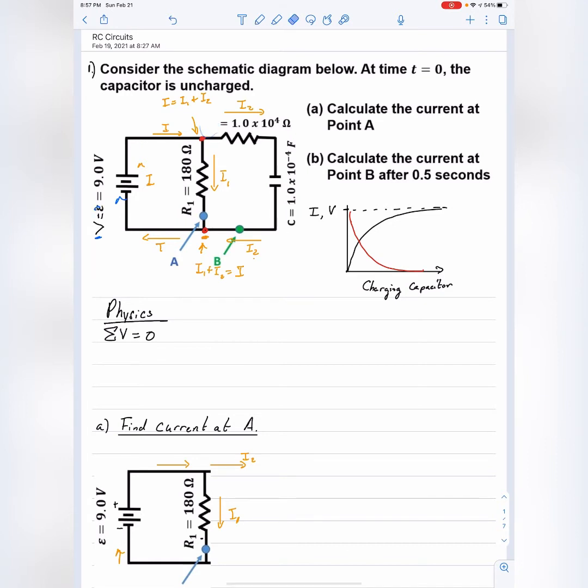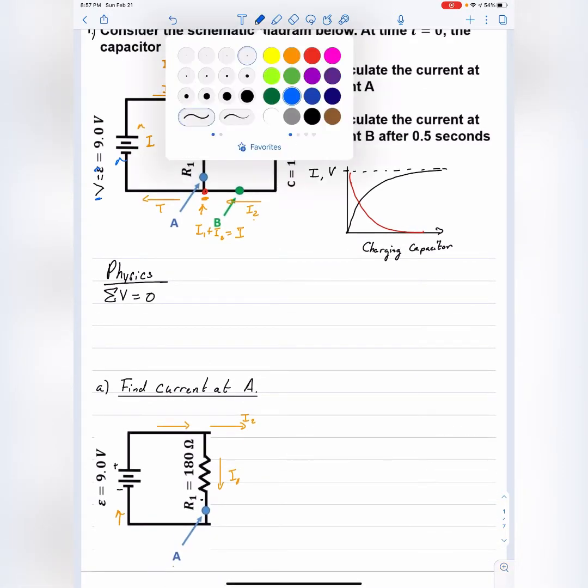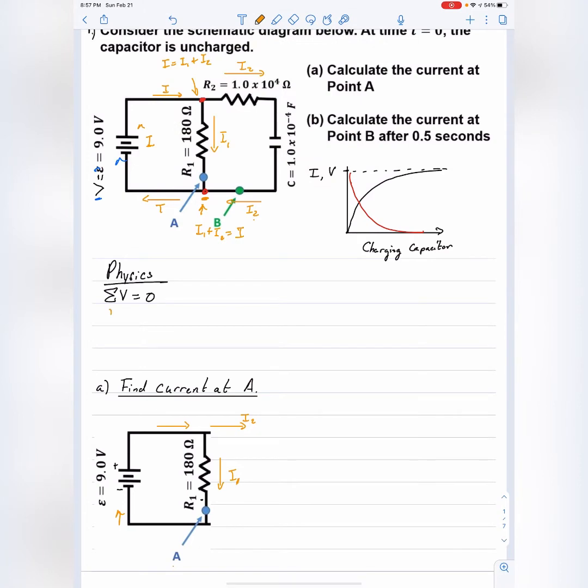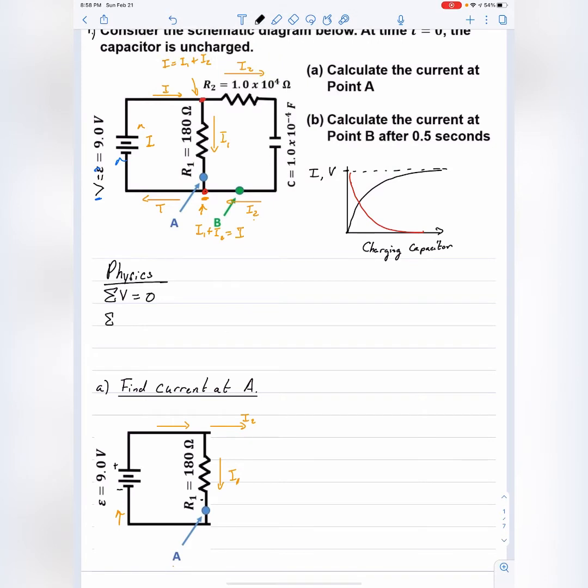Okay? All right. Secondly, this is good to know, because I want you to make sure that you understand that for current, the sum of all current going into the junction equals the sum of all current going out of the junction.